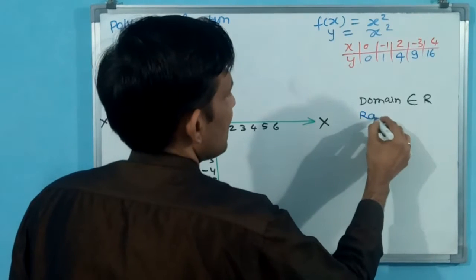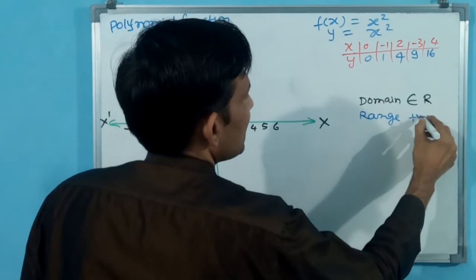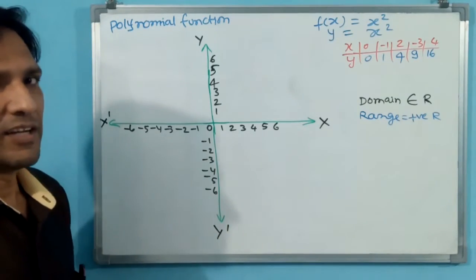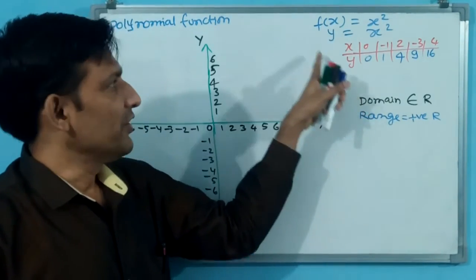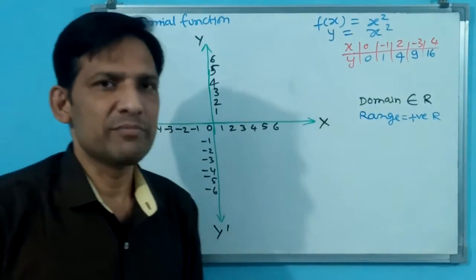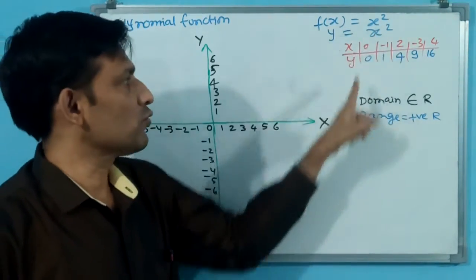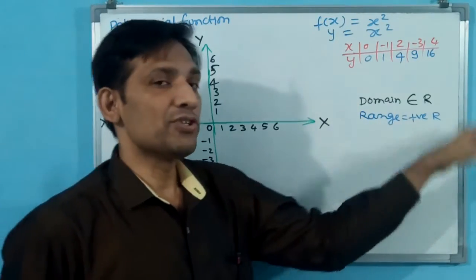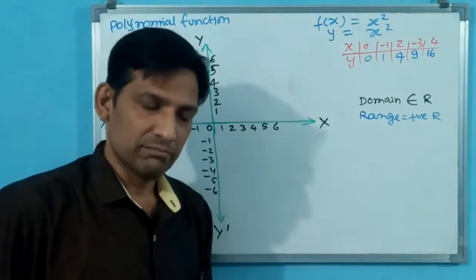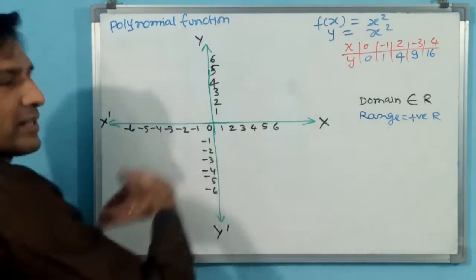Is any negative number, negative integer or negative value coming? No. That is why for the x² function the range is positive real numbers. It may be rational or whatever, but all positive will come. That you have to understand. This is the range. Now we draw the graph also.